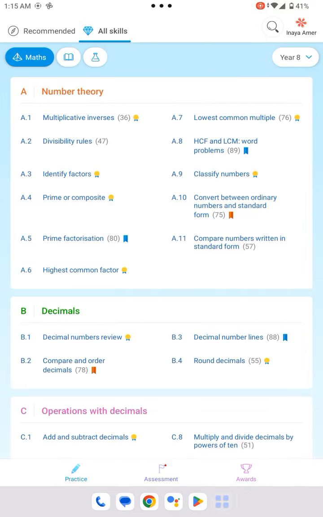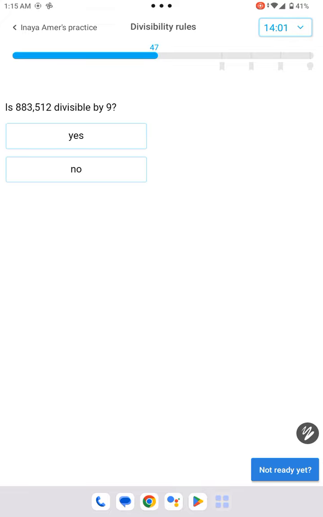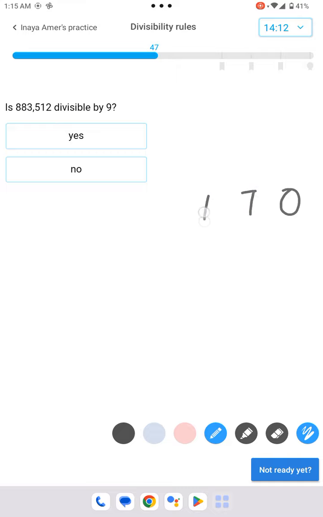Now I would go to divisibility rules. There are a lot of divisibility rules. The divisibility rule about 2 is, there is ones, tens, hundreds, thousands, 10,000, and 100,000, and so on, and then million.